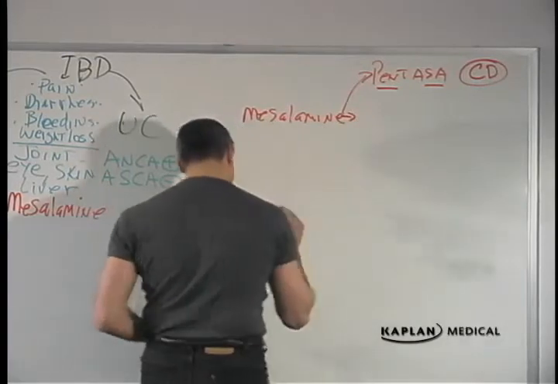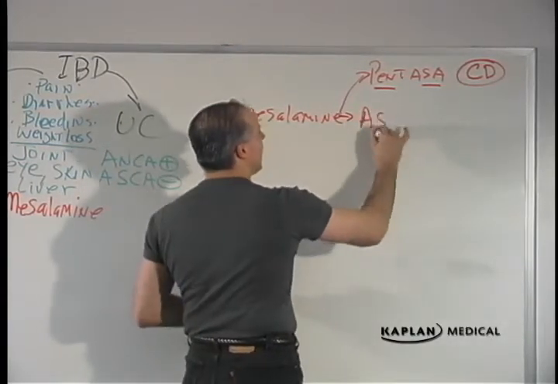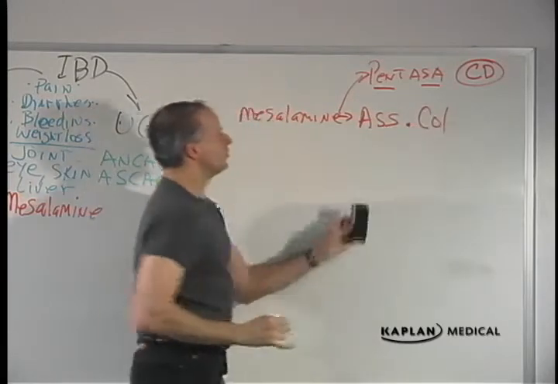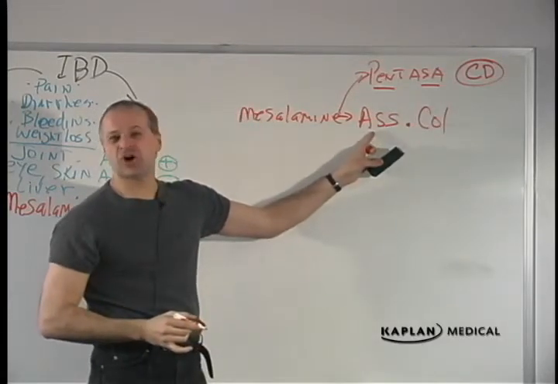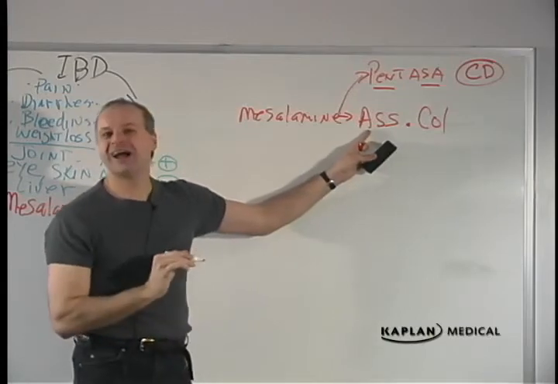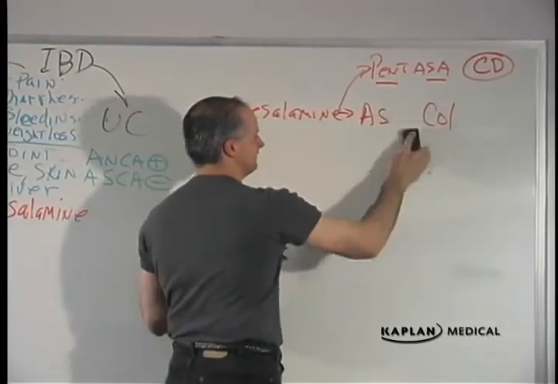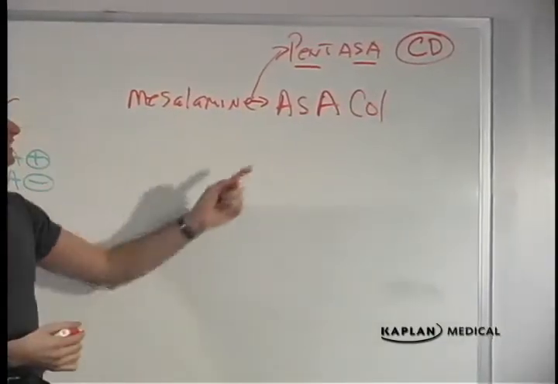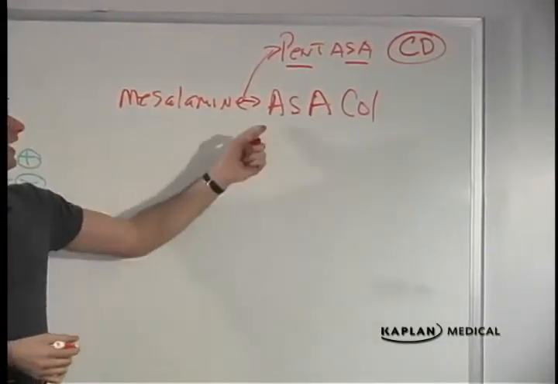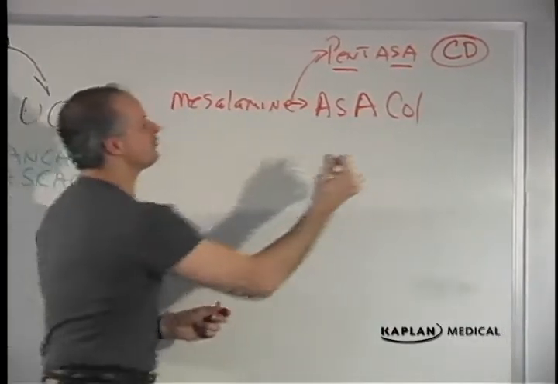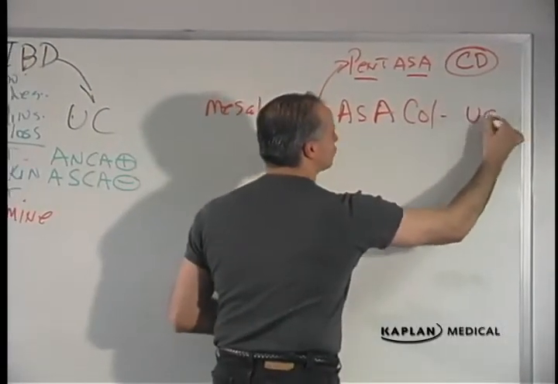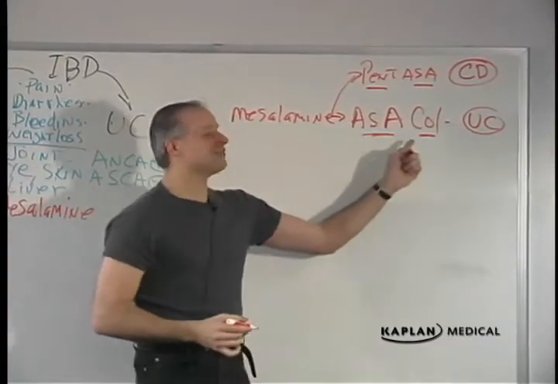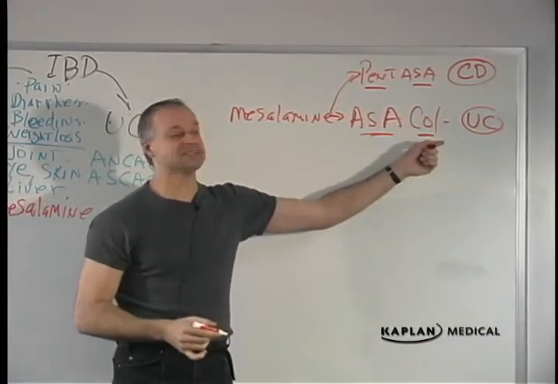What about Asacol? What part of the bowel do you think Asacol works for? It works for ulcerative colitis. Why? Because it's colonic ASA, acetyl salicylic acid for the colon.